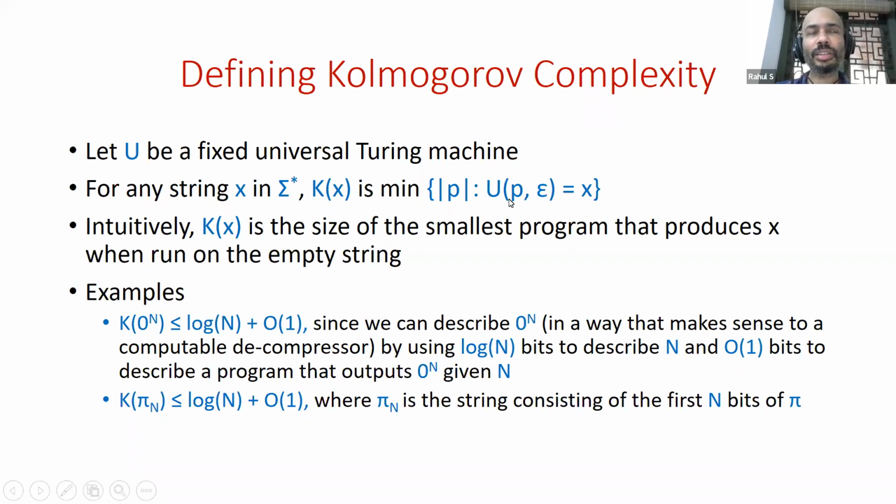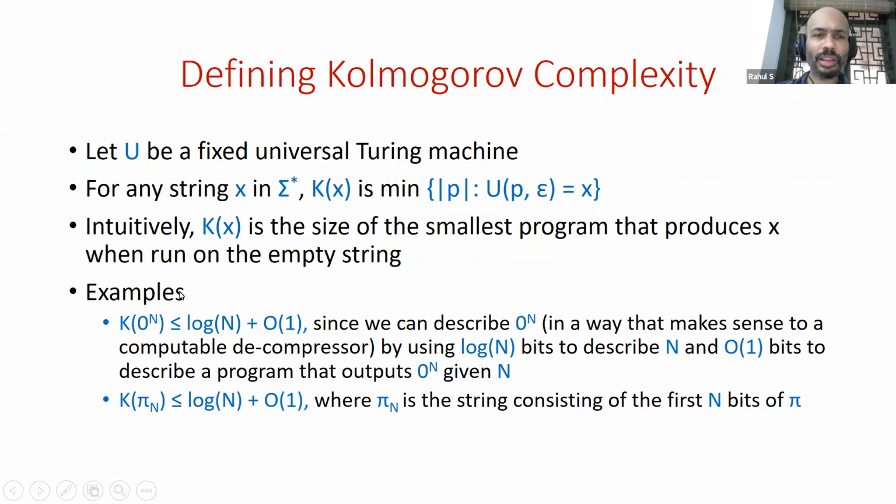We're essentially interested in the size of the smallest program which, starting off on a blank tape with no input whatsoever, produces X. How difficult is it to produce X from scratch for a universal Turing machine? That's what K of X is measuring, in the sense of how large a program you need to be able to generate X starting from an empty string. So K of X is the size of the smallest program that produces X when run with the empty string.